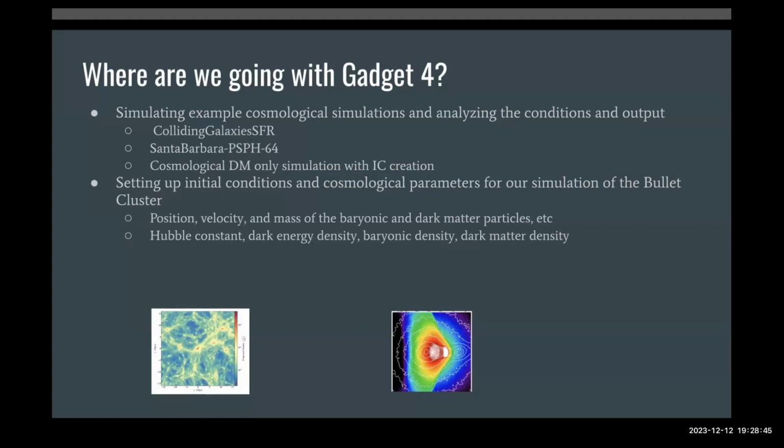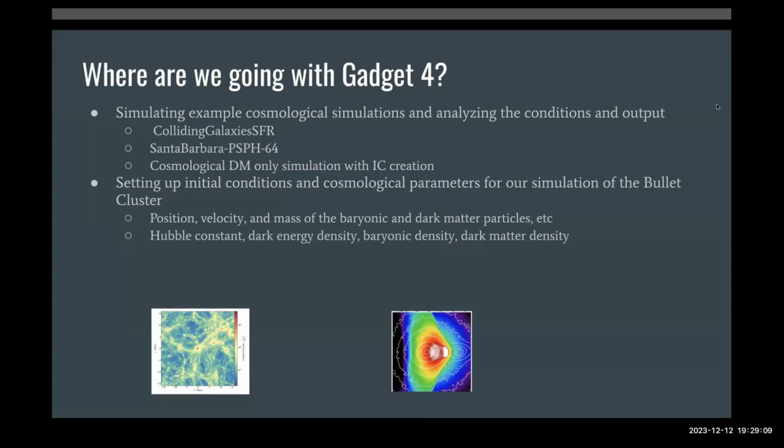Each one of these simulations is different due to the different conditions and parameters giving a different output. A notable condition is the Hubble constant, representing the normalized rate of cosmic expansion, which takes on different values in colliding galaxy SFR with a value of 0.1 and Santa Barbara's PSPH64 with a value of 1.